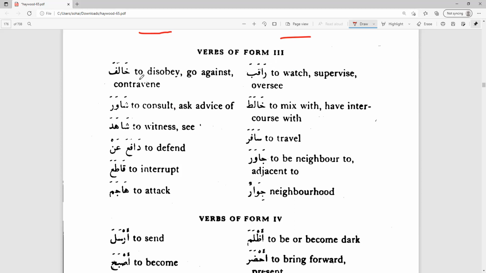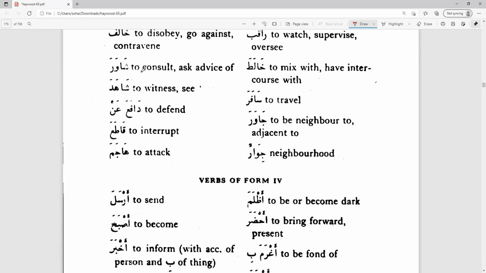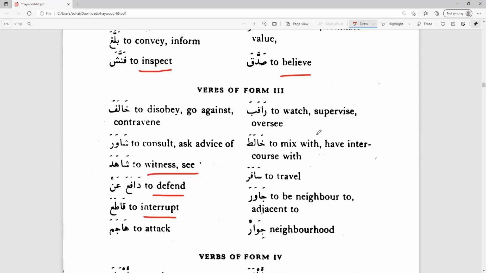Form 3: khalafa, to disobey, go against, contravene. Shawara means to consult or ask advice of. Shahada, to witness, see. Dafa'a, to defend. Qata'a means to interrupt. Hajama means to attack. Raqaba means to watch, supervise, oversee.